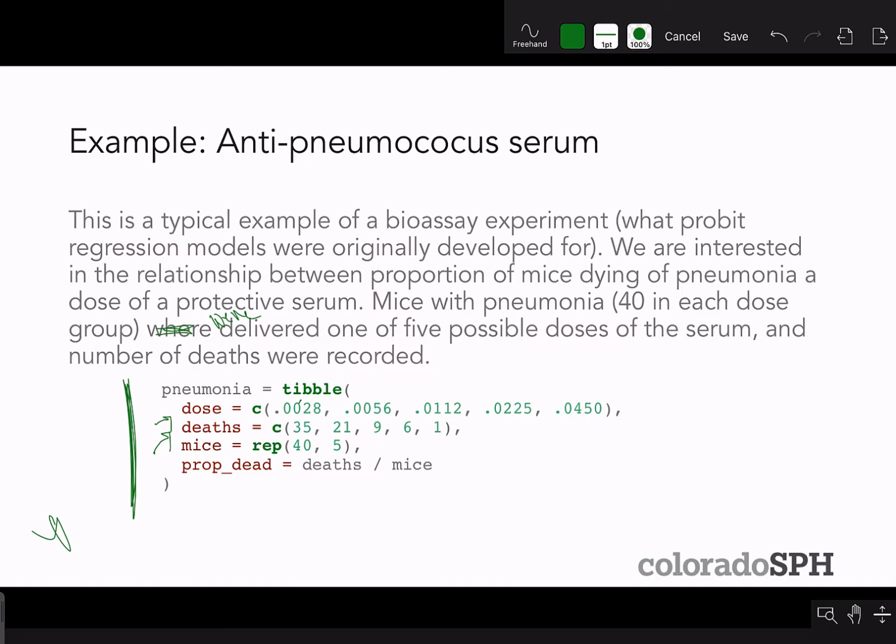That's because it's a medicine that's supposed to help mice with pneumonia. The number of mice that were in each original group, which is 40 in all of the groups, and then the proportion that died we can calculate from the number of deaths divided by the number of mice in each group.